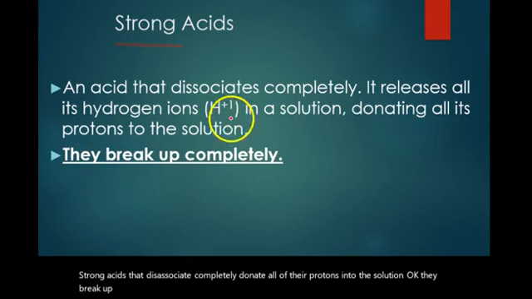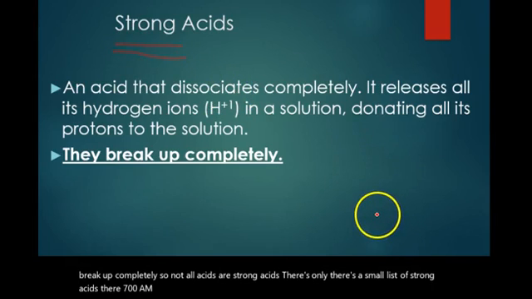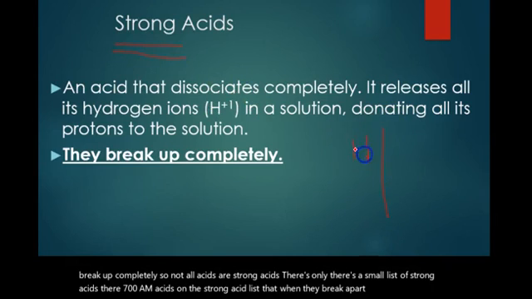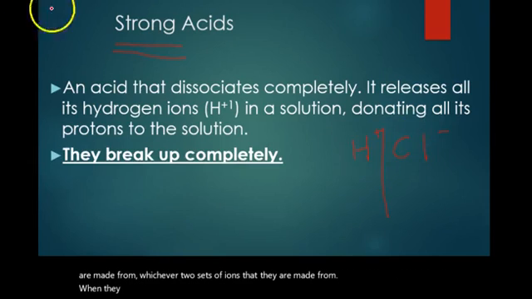So not all acids are strong acids. There's a small list of strong acids. There are 7 acids on the strong acid list that, when they break apart into whichever 2 sets of ions they're made from, break apart completely, and they're classified as strong acids. Okay.